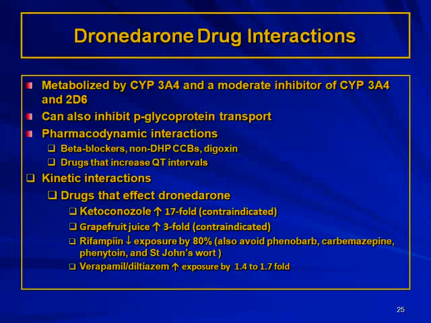So the pharmacodynamic interactions are basically with beta blockers, non-dihydropyridine calcium antagonists, and digoxin. What you would expect to see there would be slower heart rate, a higher degree of AV block, potentially more heart failure, at least with beta blockers and non-dihydropyridine calcium channel blockers. And then also drugs that increase the QT interval.